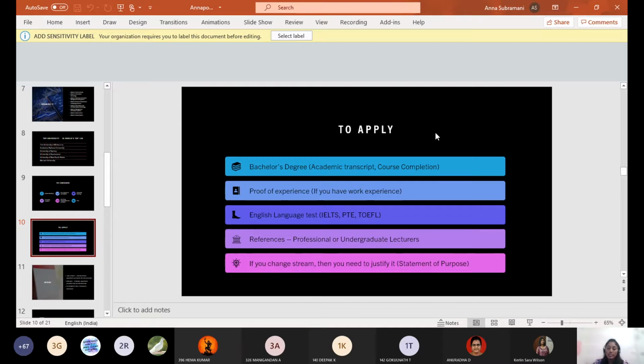Whatever you like to work on, whatever you like to have as your career for the next 40 years. If you choose a stream different from what you have done, then you need to justify it in your statement of purpose. So these are the eligibility things that you need to have to apply for a course.